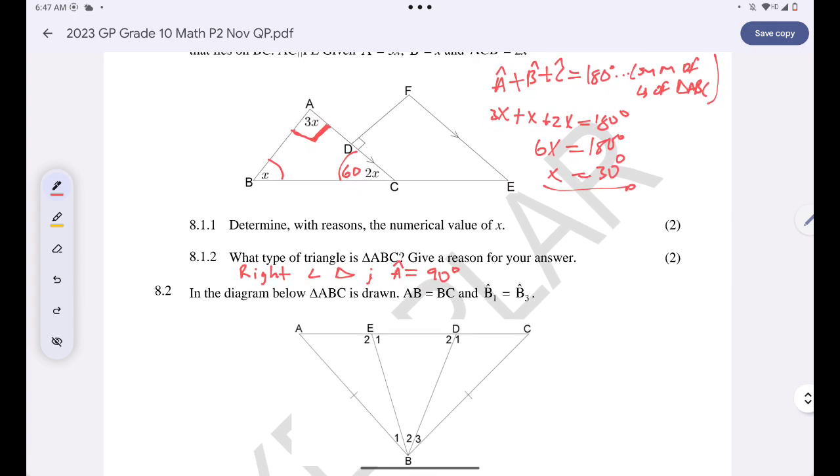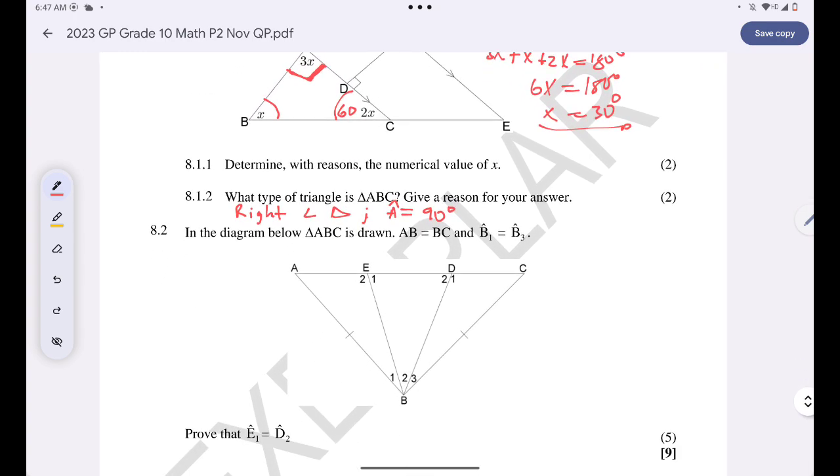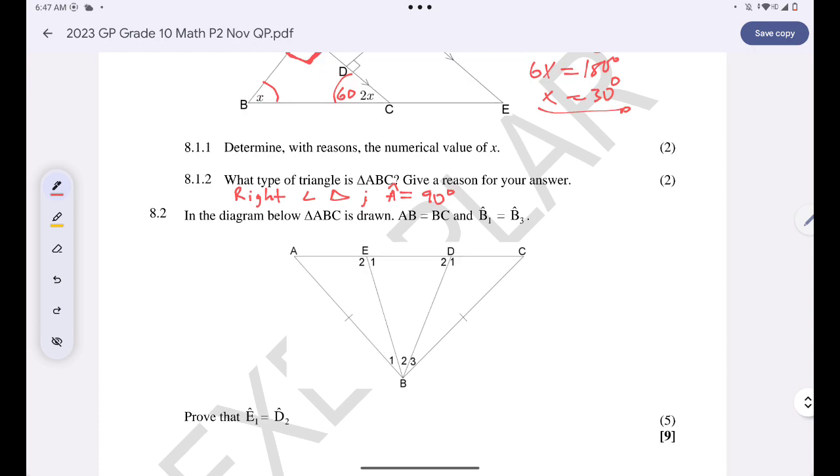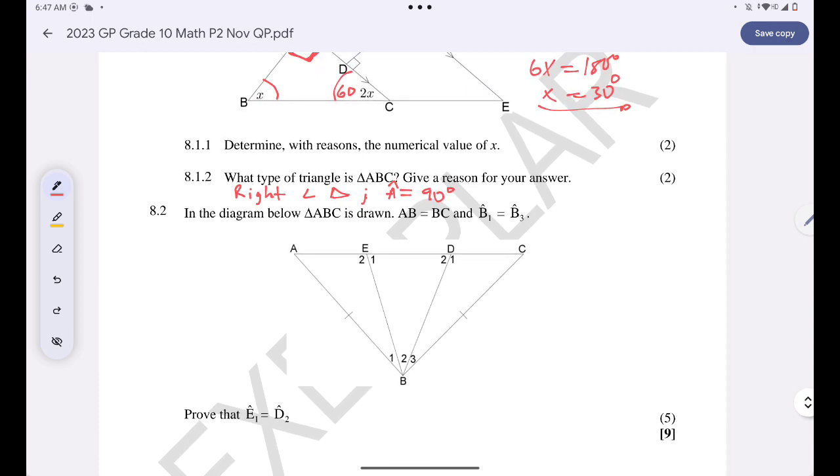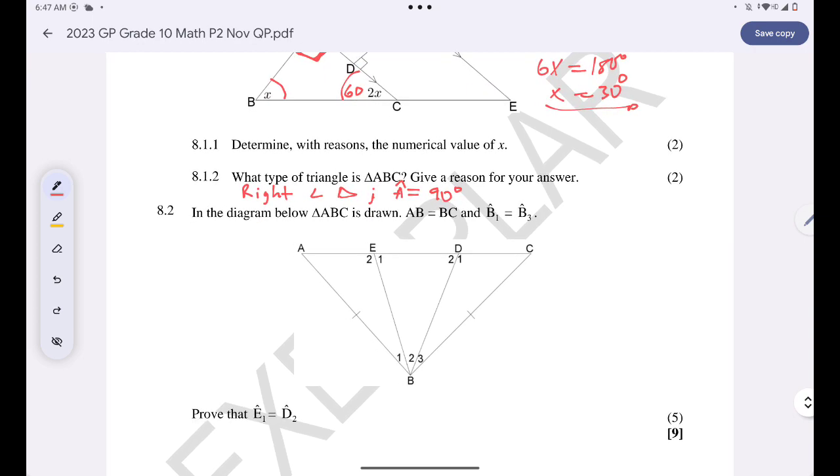Okay, now we are told that in the diagram below, triangle ABC is drawn such that AB is equal to BC and angle B1 and B3 are equal. We are told that these two are equal. Yeah?